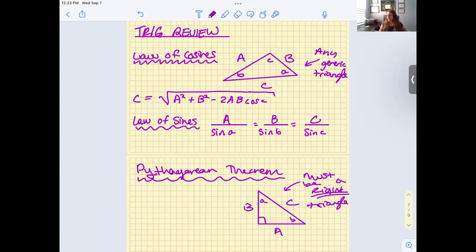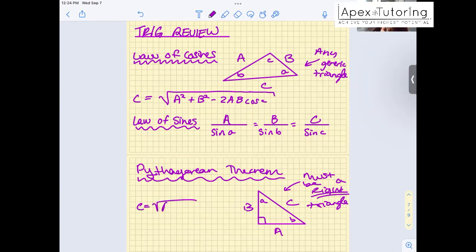Who remembers what the Pythagorean theorem is? C equals the square root of A squared plus B squared. Yeah, perfect.